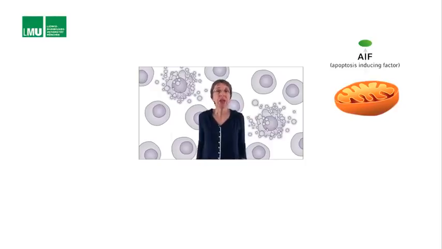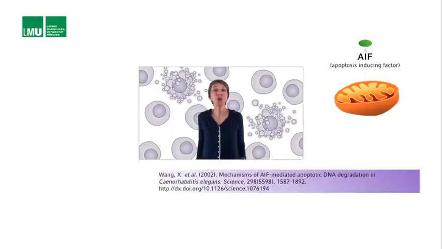In mammals, AIF is released from the intermembrane space of mitochondria concomitantly with or shortly after cytochrome C. And Ding Xue and co-workers published that the C. elegans homologue of AIF can be released from mitochondria in response to AGO1 expression. This observation suggests that the outer mitochondrial membrane might become selectively permeabilized in C. elegans as well. Maybe not to release cytochrome C, but AIF and potentially other factors.